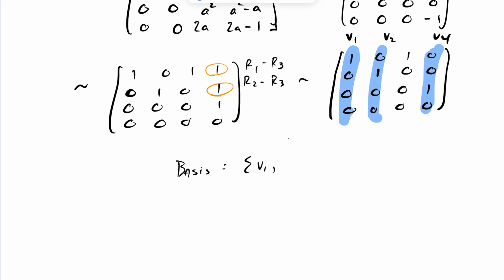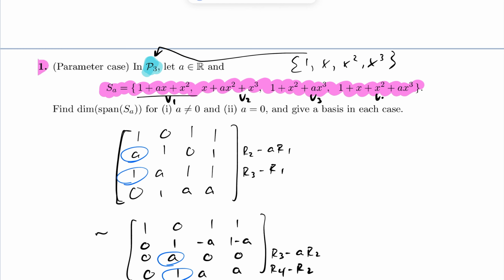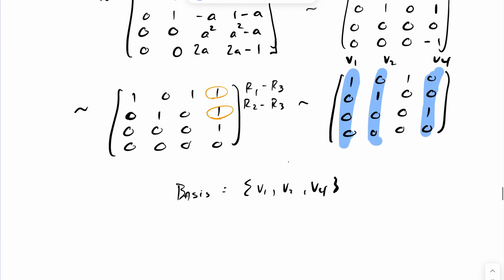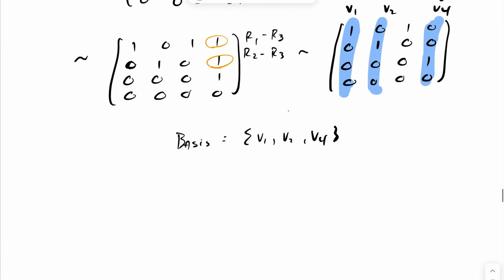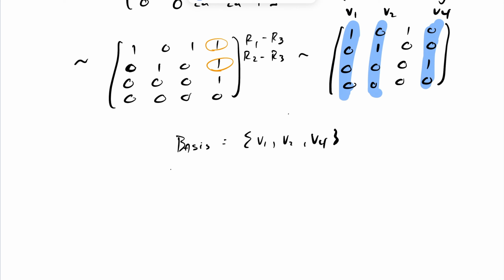As identified here, this is V1, V2, V3, and V4. Putting V1, V2, and V4 together, you have a basis for the span of S, in this case S_0. And the dimension of the span of S_0 will be 3 here.